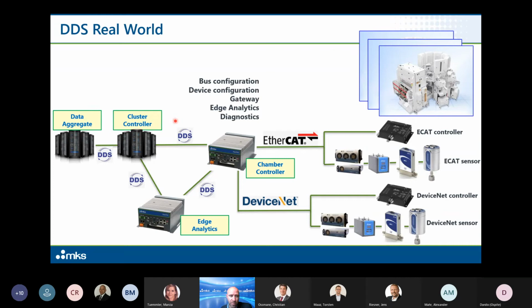So the one controller that's going to control the whole tool is able to subscribe to the information at each chamber. In doing so, the IoT protocol doesn't necessarily have to be at the factory level. It can still be at the tool level, and that makes integration and communication that much easier.